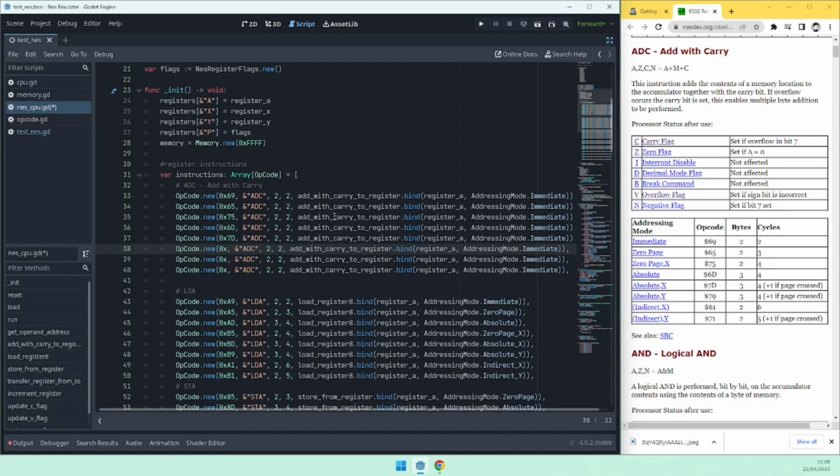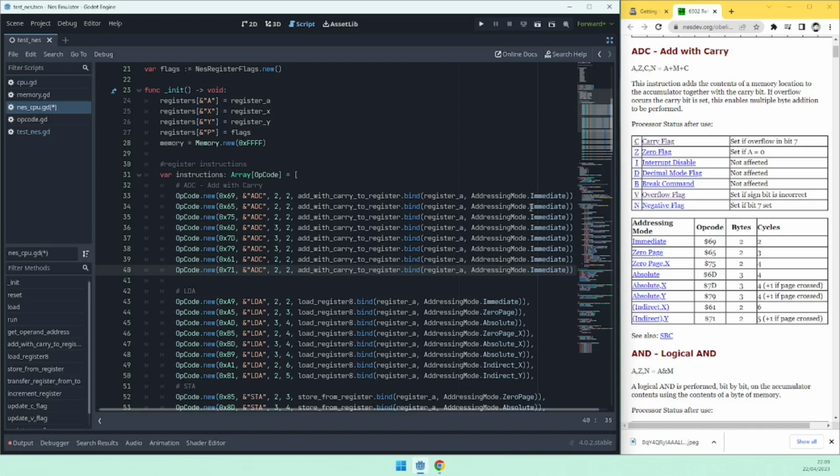So 79, 61 and 71. The opcode ADC, and let's see the bytes. 2 bytes for the first, 3 bytes for the following 3, and 2 bytes for the last 2.